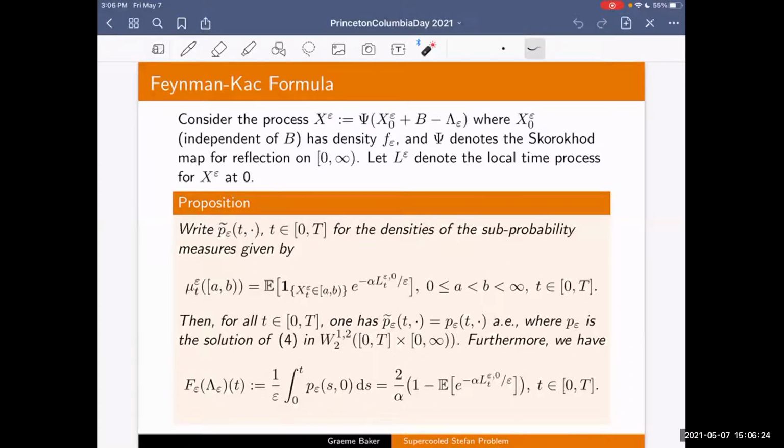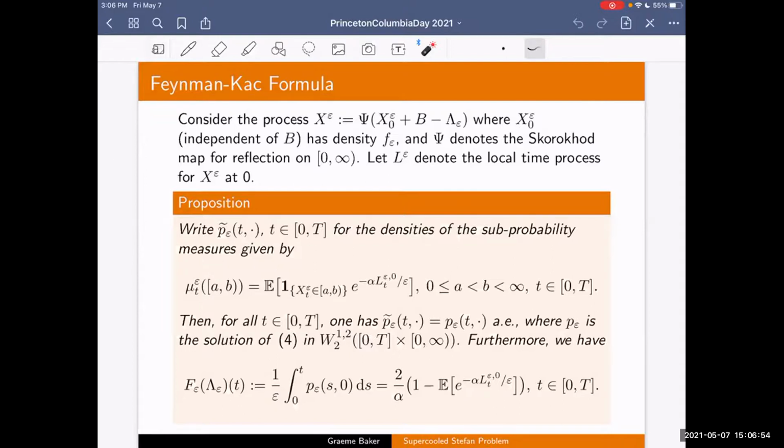That's our Skorohod map psi here. And we're going to look at the local time process for this x epsilon. And so this is our main tool. If we look at these p epsilon tildes, which are densities of these sub probability measures u epsilon, then we have that the p epsilon tildes are equal to the solution p epsilon to our problem 4 almost everywhere.